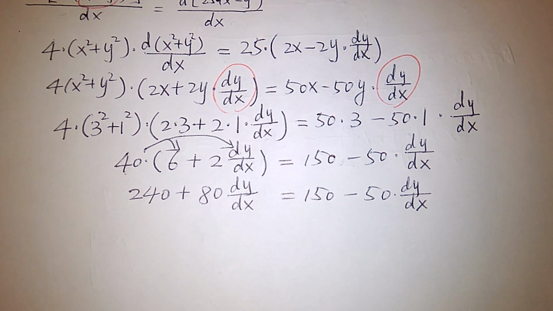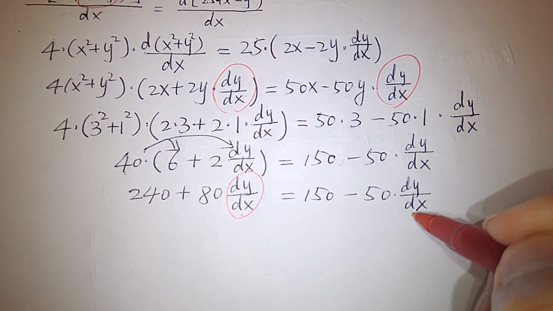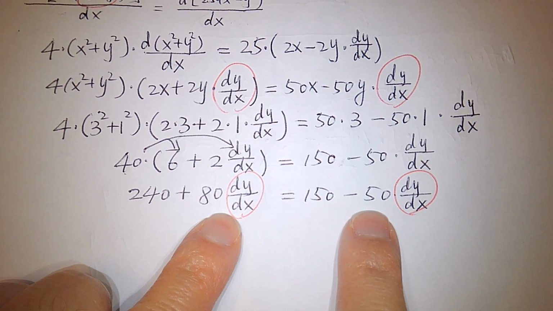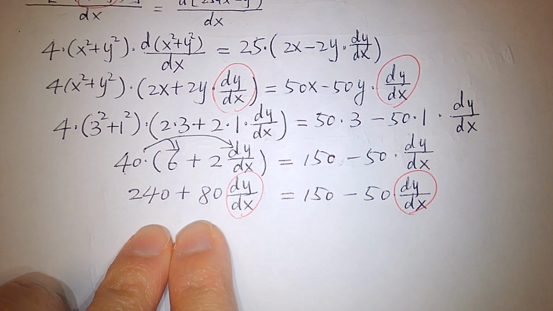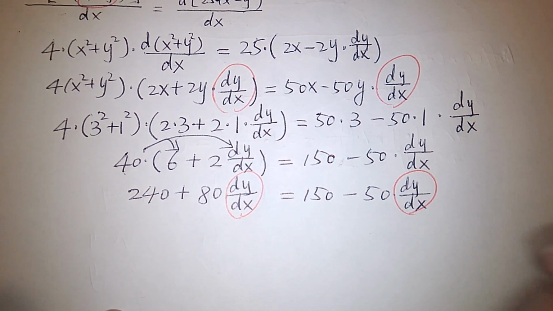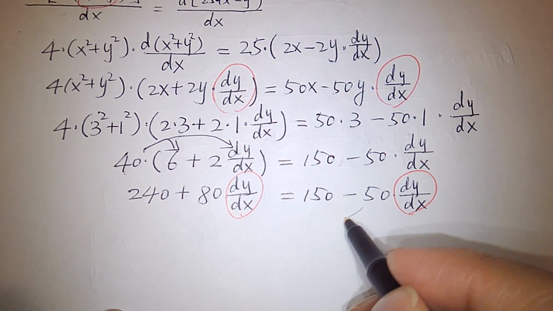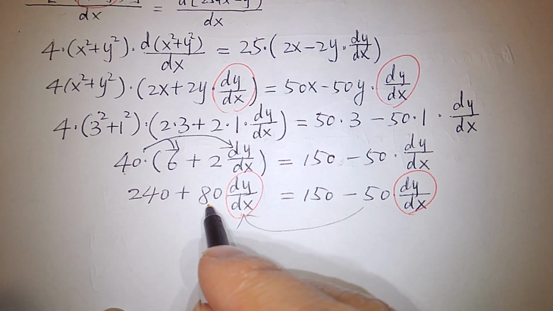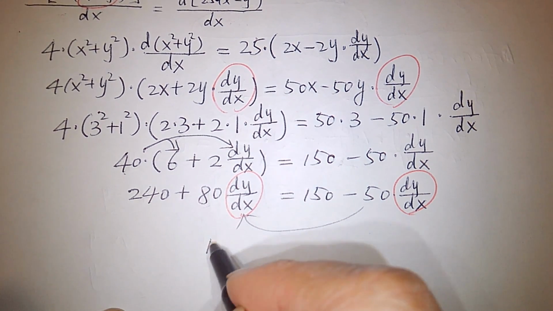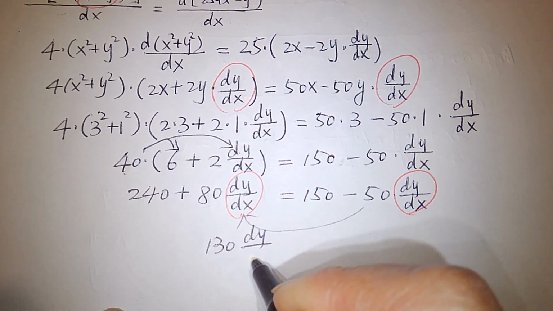So that's good. Alright, so to solve for dy over dx, what do we do? We're going to add 50 dy over dx to both sides, right? So we will move this term to the other side, giving us what? 80 plus 50 is what? 130 dy over dx, right?